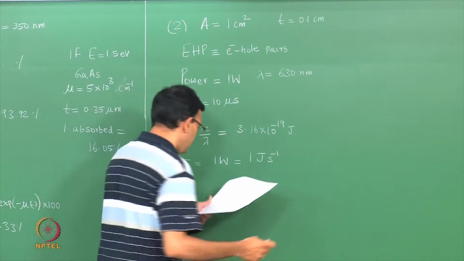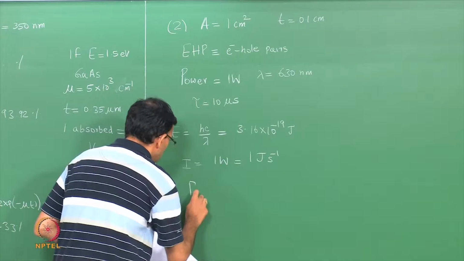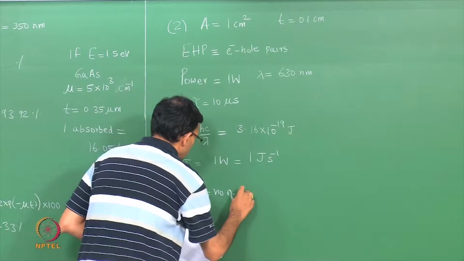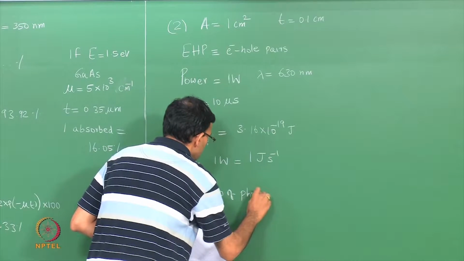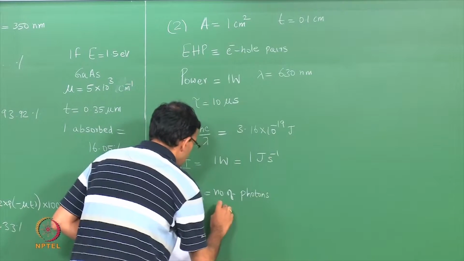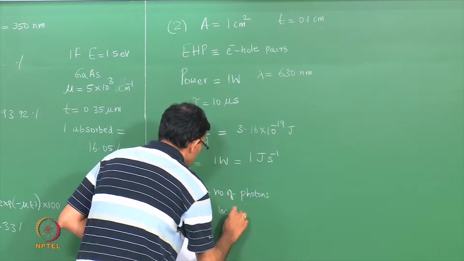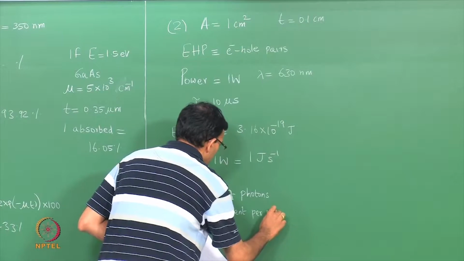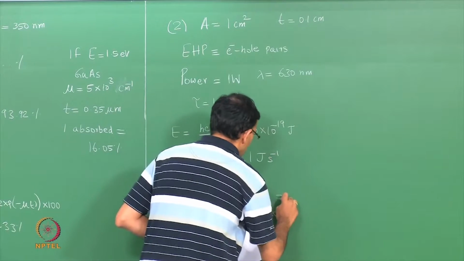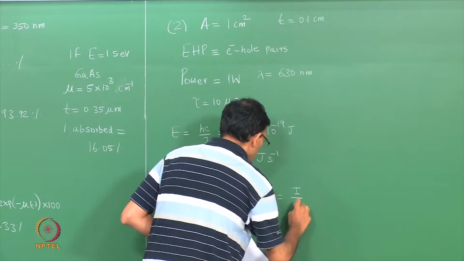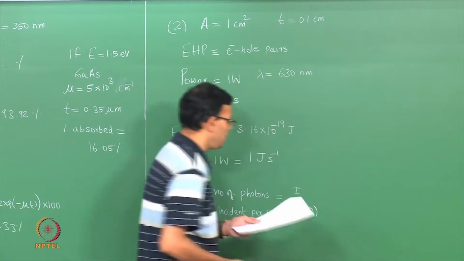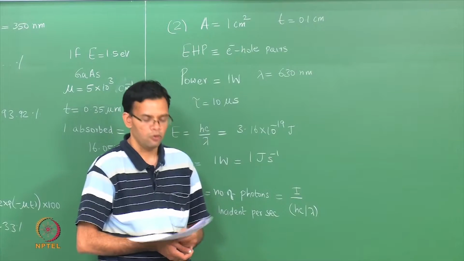So, we can calculate the total number of photons that are incident per second. This is equal to I divided by the energy. So, I divided by hc over lambda.